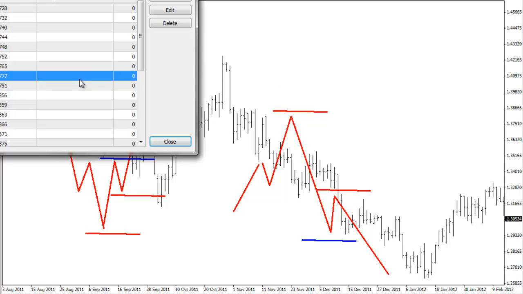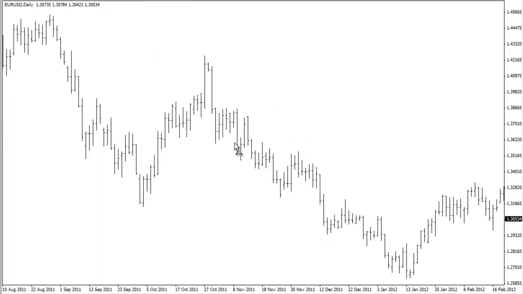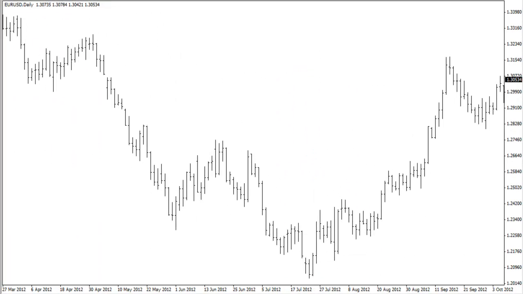Looking at the euro-dollar chart here, we can identify on the chart a shoulder, we can also identify a move here, the shoulder, and of course we've got the head there as well.